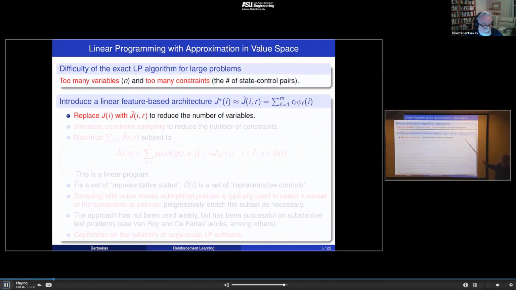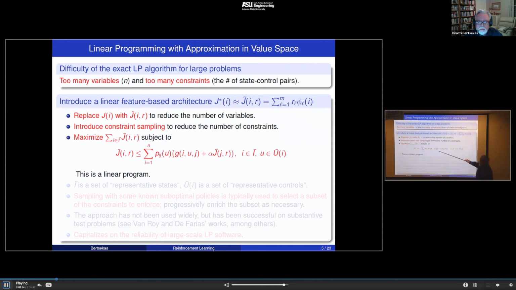A much smaller number of weights, a much smaller linear program. We replace cost vectors with parametric cost vectors, and we reduce the number of variables this way. We have a large number of constraints, but we pare them down by sampling a relatively small number of them. And we consider this approximate linear program, okay?